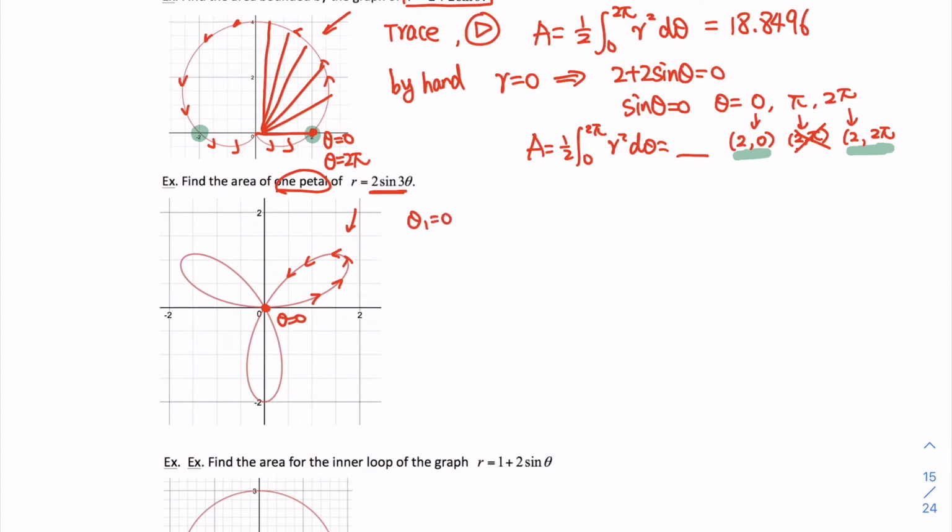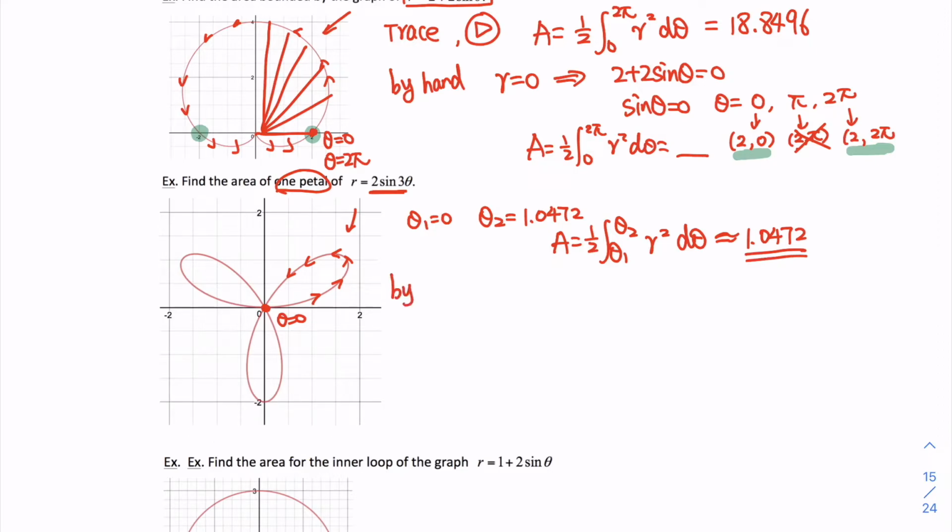Theta 1 equals 0, theta 2 equals 1.0472. It will come back for the first time to reach that point. So the area will be 1/2 from theta 1 to theta 2 of r squared d theta, which is approximately 1.0472. Please check the answer here.